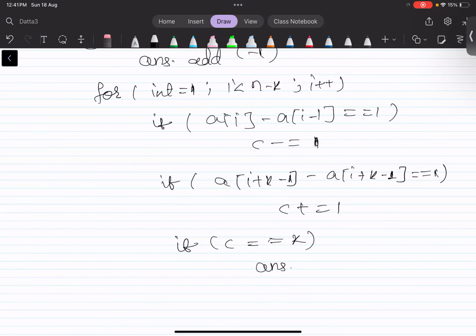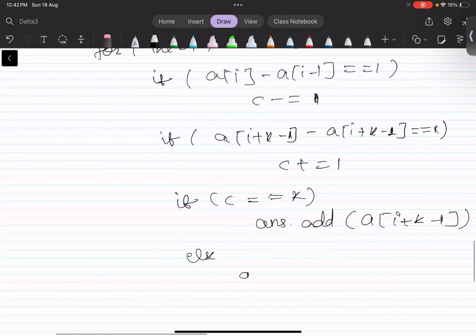So in that case, I'm going to add a of i plus k minus 1th index element. Else I'm going to add minus 1 as the power.